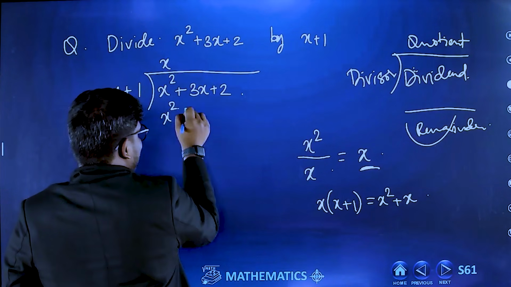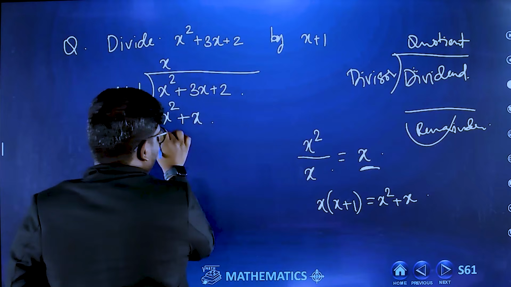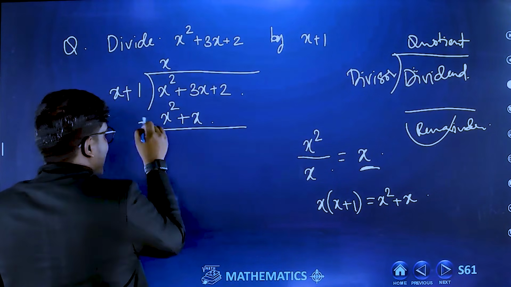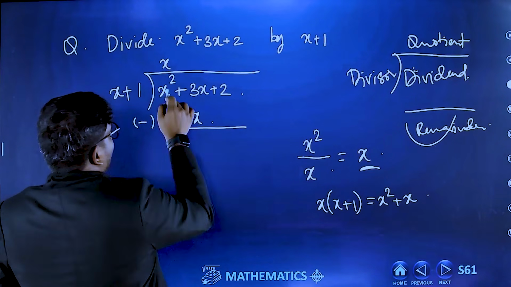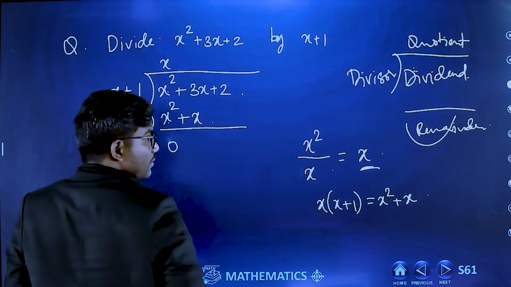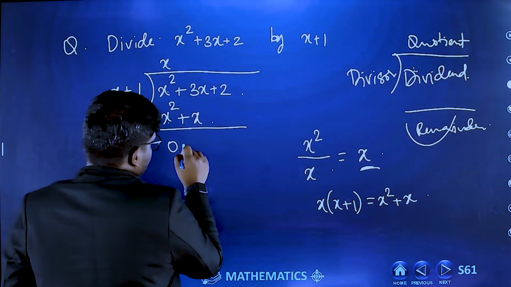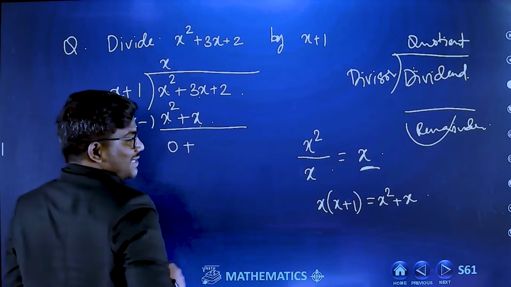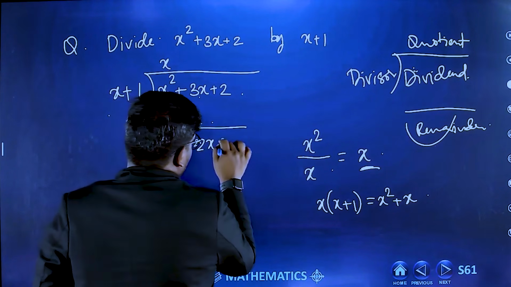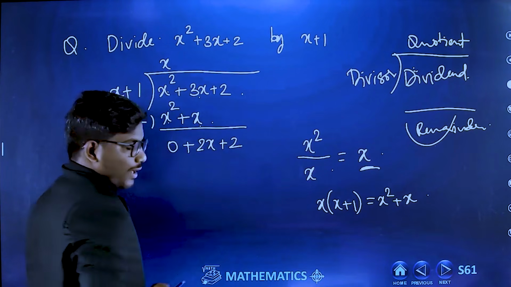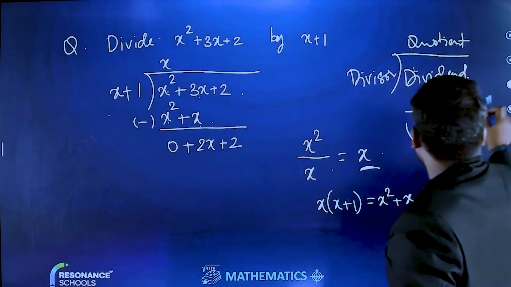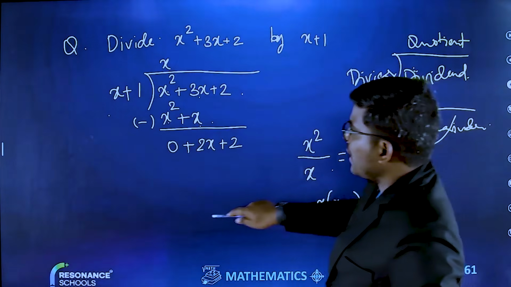So x square plus x shall be written here. We'll try to subtract this. X square minus x square will result in 0, plus 3x minus x. 3x minus x is 2x, plus 2. Alright. Now again, 0 plus anything is the same, so I will not write this here.